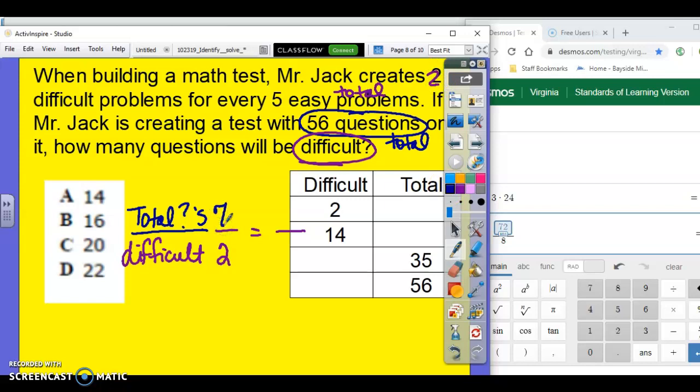So for the next part, it already tells us he's creating a test with 56 questions, so that's total. And they want to know how many are difficult. So that's my X, the amount of difficult. So now all you have to do, multiply the numbers that are diagonal. So 56 times 2.